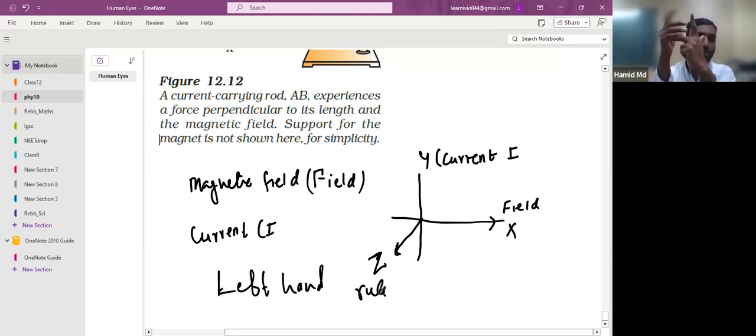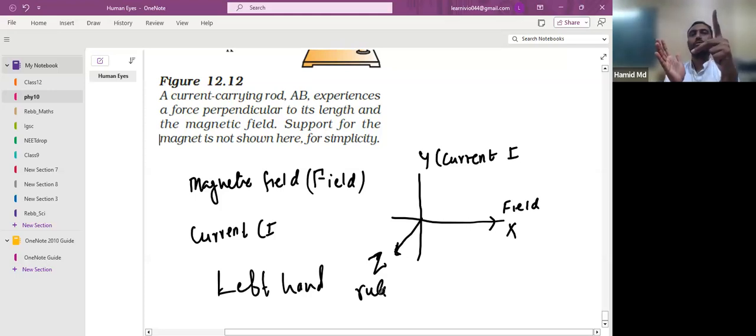It denotes the three dimensions, x, y, z directions. If the field is in this direction and the current is in this direction, the force will be in the direction of the thumb. These will be in anticlockwise order. Make this along the force, this along the field.